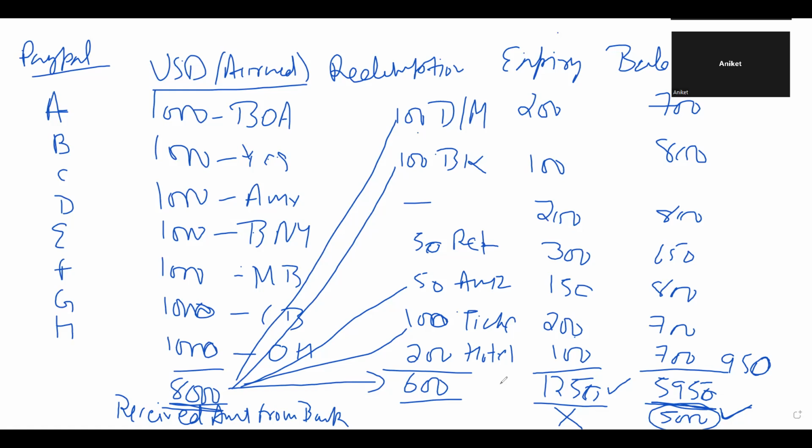Only when there is expiry and only when there is a breakage, for this amount they can withdraw from the escrow. In a way, they get an advance from the bank.